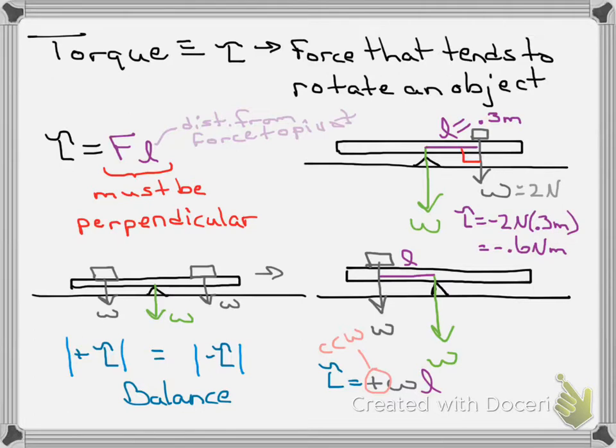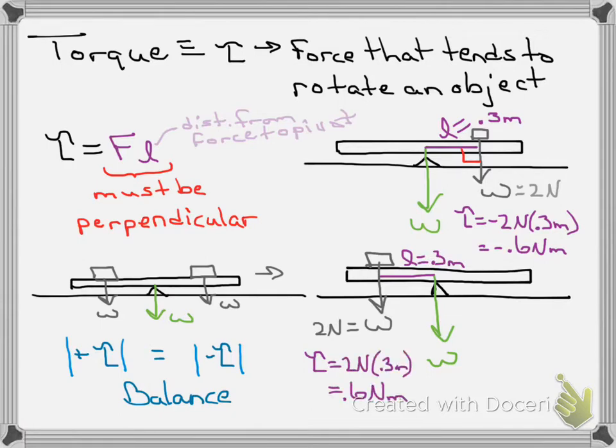In this example, we will not use joules, but continue to use Newton meters because it's not the same thing, even though we end up with the same units here. Now let's do the force on the left-hand side. If we have the same weight and the same distance, we get a torque of 0.6 Newton meters. And so then we see down here that our two torques are balanced because they have the same numerical value.